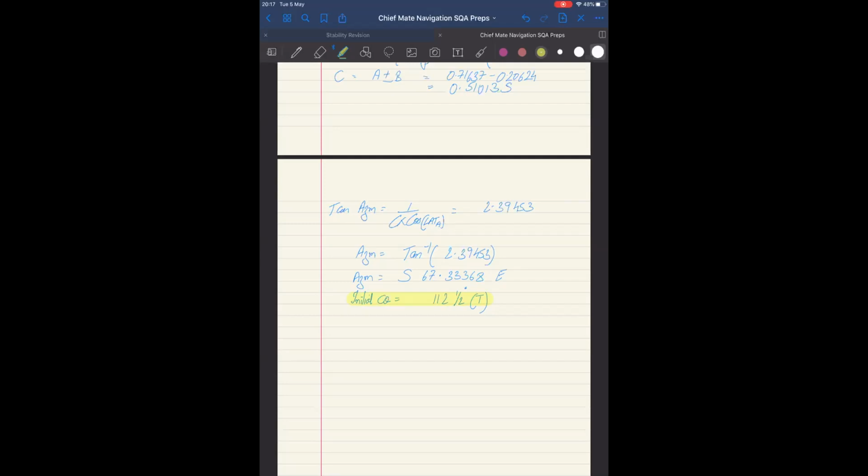So I've got 1 divided by 0.51013. Have you used the brackets, which is 1 divided by bracket, then it is C times cos lat A, then bracket close in your calculator? I'll try that now.